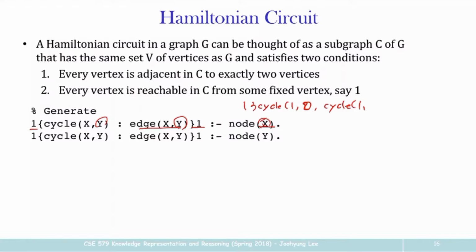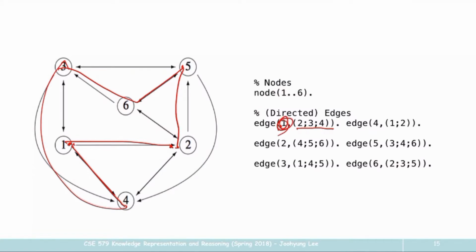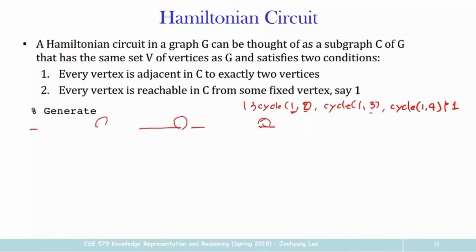So when x equals 1, y can be 2, 3, or 4. And you have to choose exactly one. That's what this rule is saying. Pick any x. For each x, there should be exactly one outgoing edge.